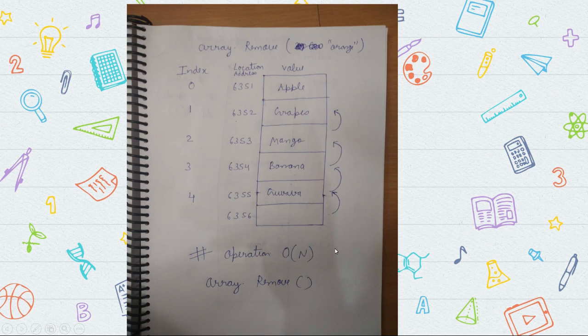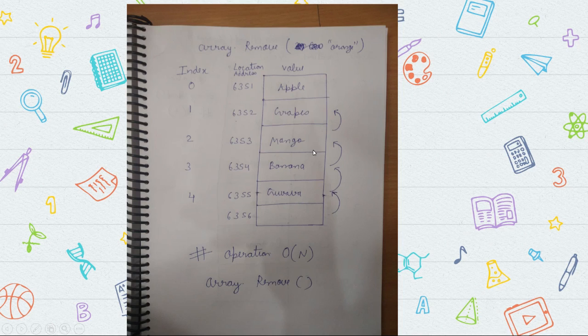That is, what will happen if the zeroth index is removed from the array? Then it will traverse all the elements of the array. So basically we assume that the time complexity at the worst case will be the time complexity of the method. Okay, so you can see that this array dot remove has O of n time complexity.